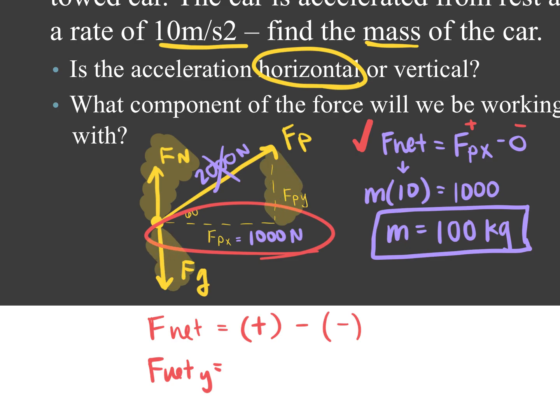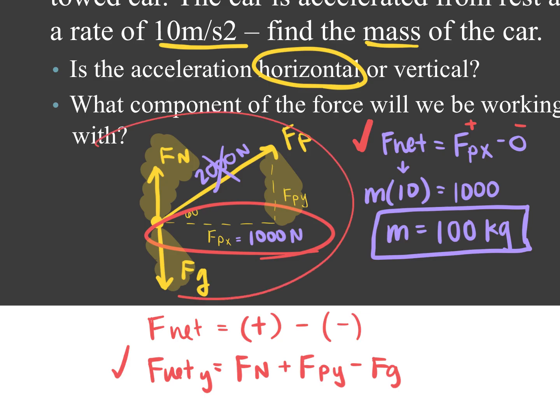So my equation in this case would be normal force plus FPY, and I add those because they're both going in the positive direction, minus FG. Right, minus FG. So setting up this system is really, really important. Our problems have to start with the free body diagram, and then we'll often head this way to having that equation.